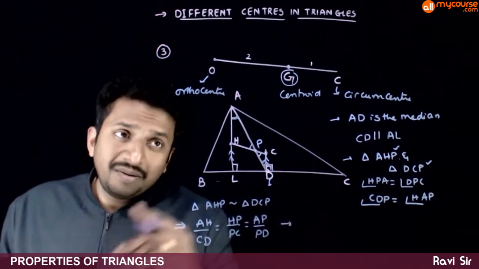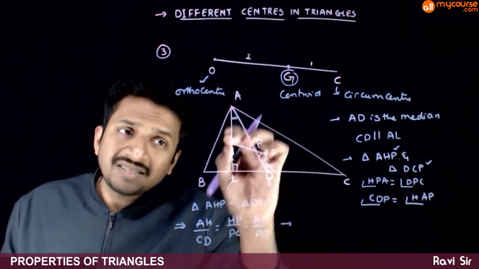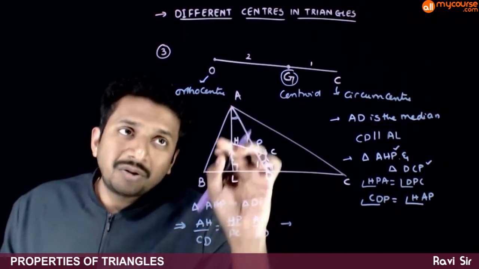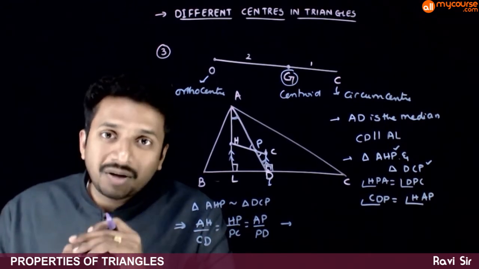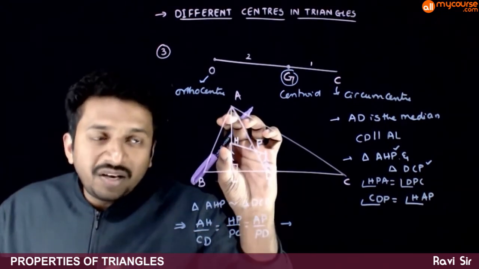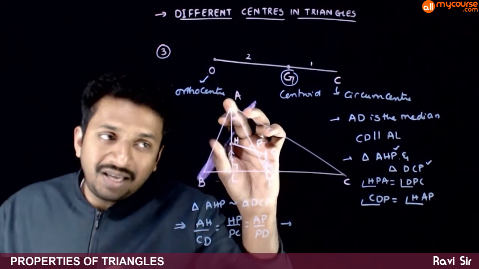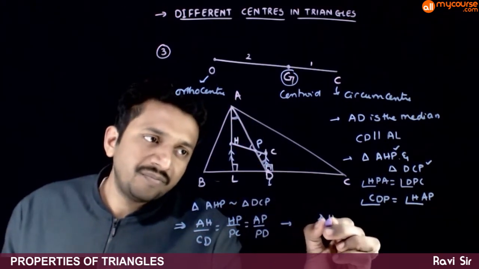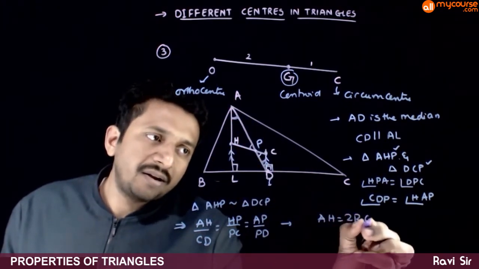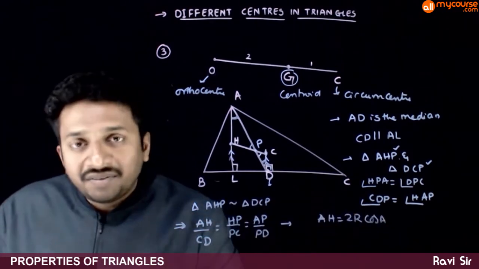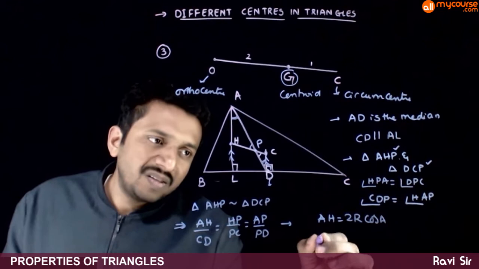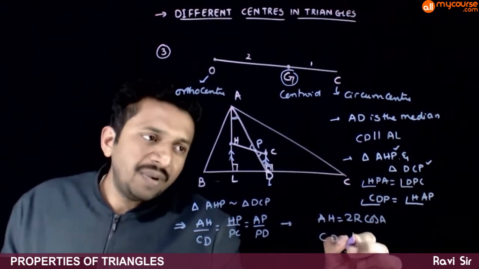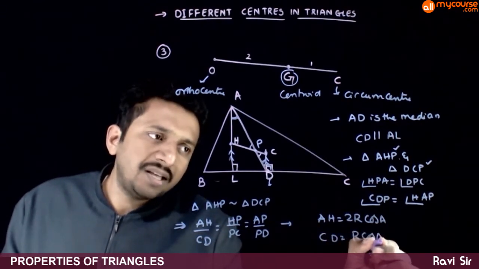But we know that AH is the distance between the orthocenter and the vertex. We have already derived this as 2r cos A. The distance between orthocenter and the vertex A is nothing but 2r cos A. Next, what is the length of CD? CD is nothing but r cos A, right?